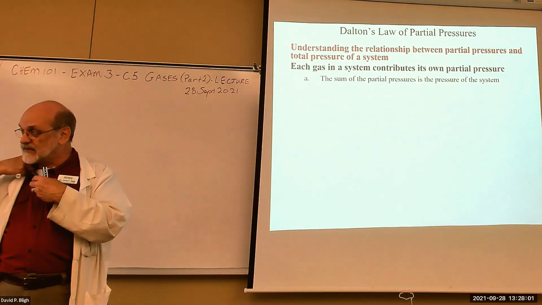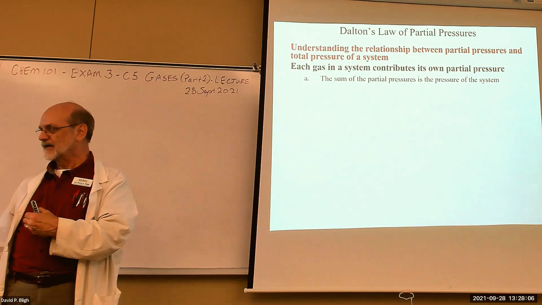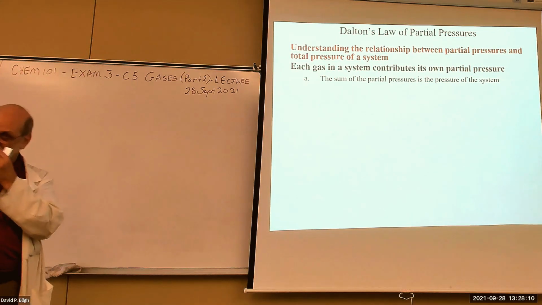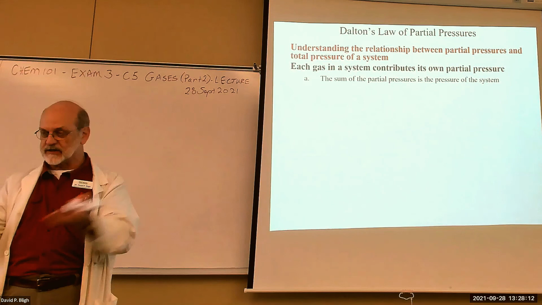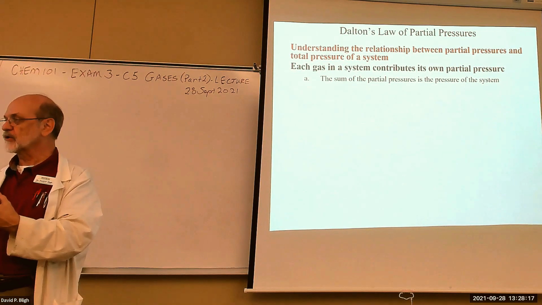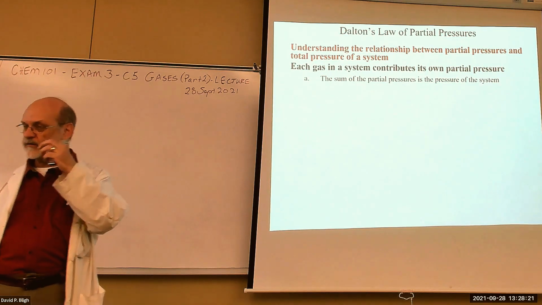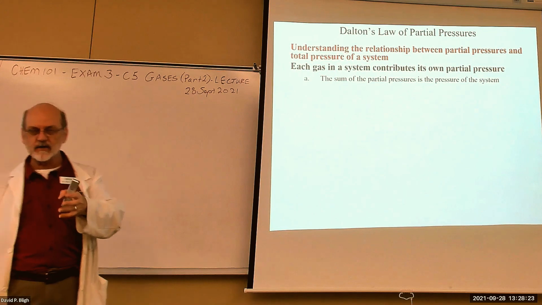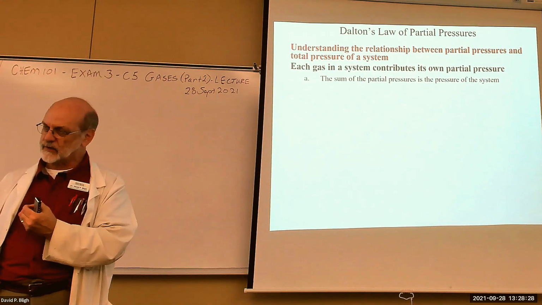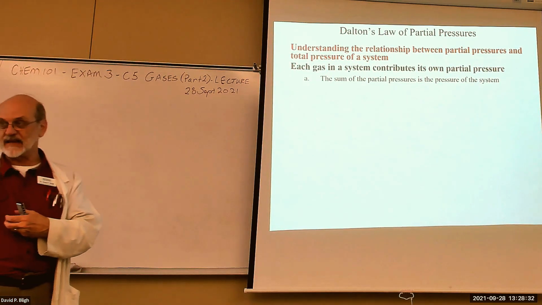And each one of those gases contributes to the total pressure. That's the partial pressure of that gas. If you had only that gas in that vessel under all the same conditions, it would be less than the whole, but proportional to how many moles it is. So if you have twice as many moles of nitrogen in the container as you do oxygen, then if oxygen is measured at partial pressure 1 atmosphere, nitrogen would be 2 atmospheres. And the total would be 3.